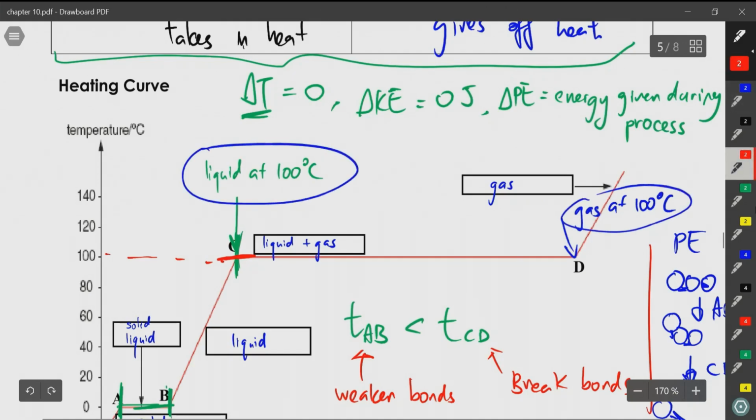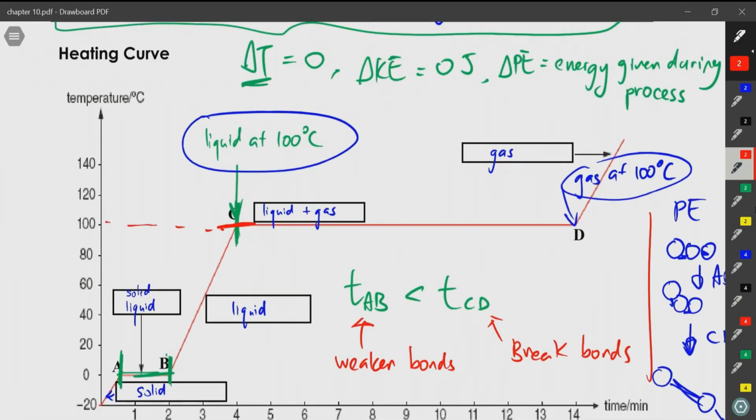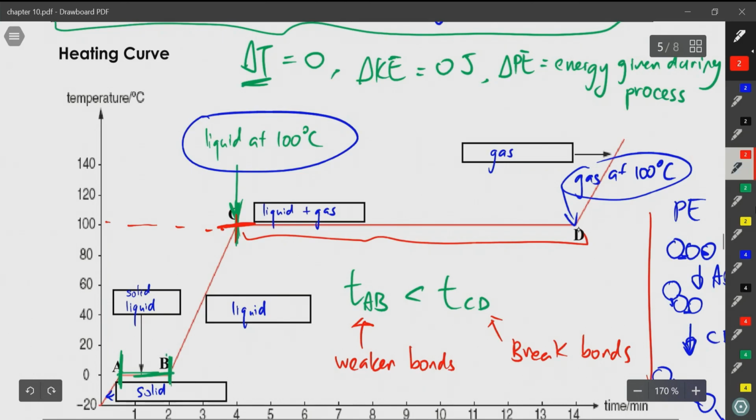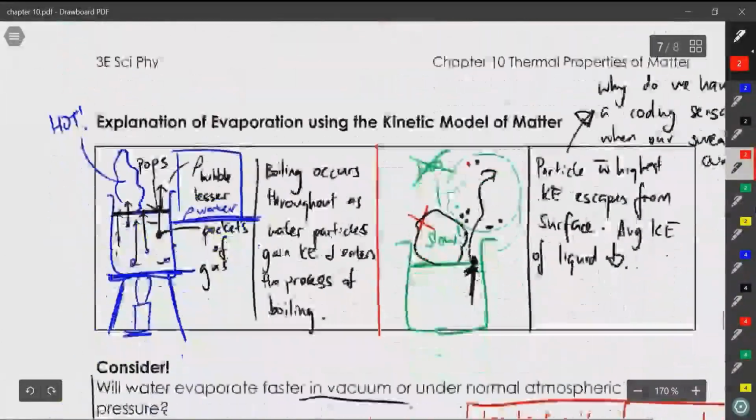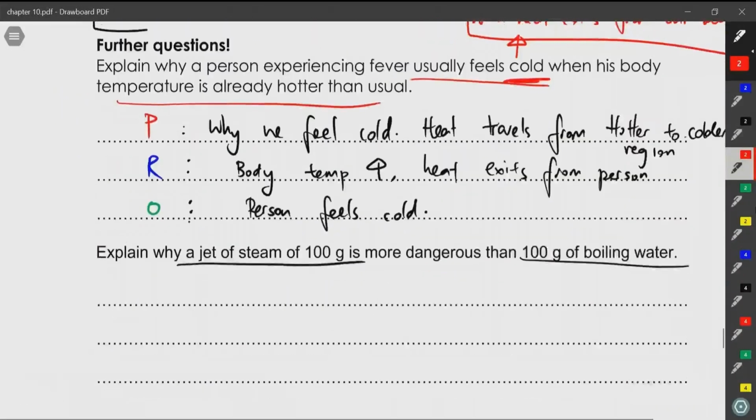Gas is definitely more dangerous. Why? From point C to D, there's a lapse of about 10 minutes, during which it is gaining energy. So it has 10 minutes' worth of energy more than the liquid at 100 degrees Celsius.